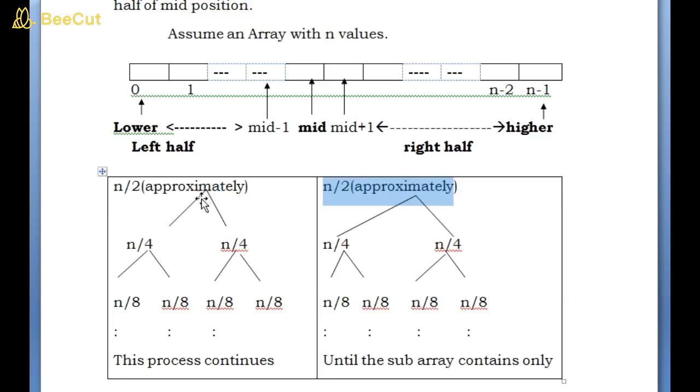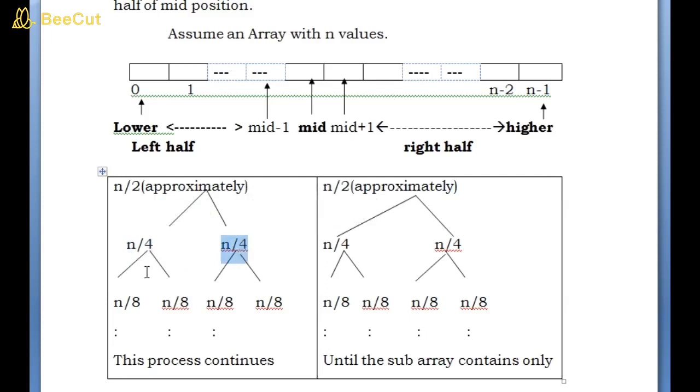Otherwise, the same process will be continued. What is the same process? Again we have to divide the n by 2 elements into a left half and a right half. So the left half may contain n by 4 elements, and the right half may contain n by 4 elements approximately.